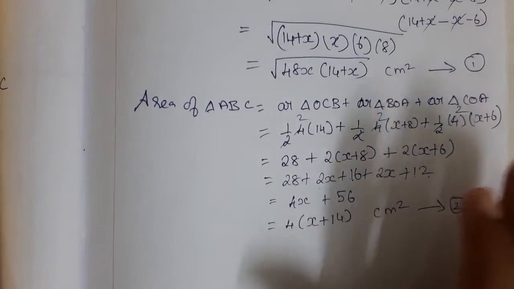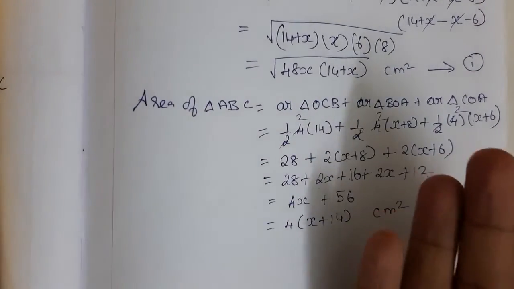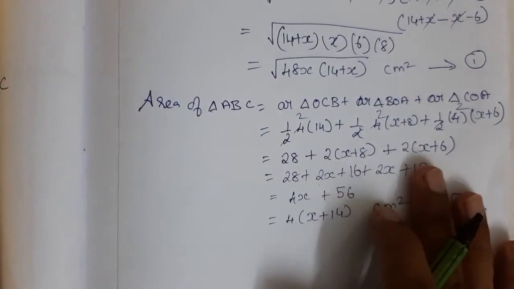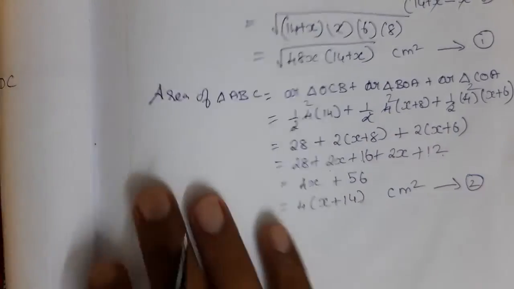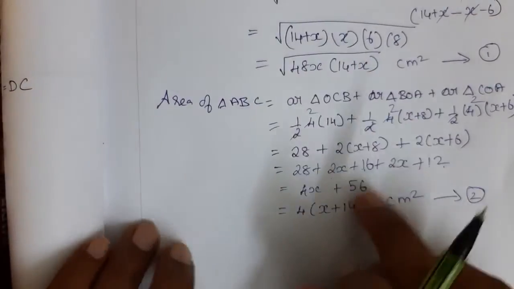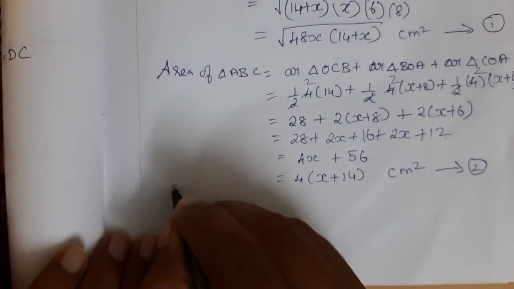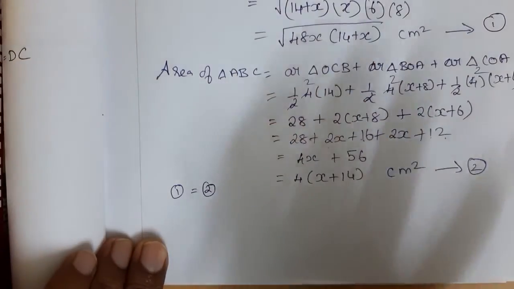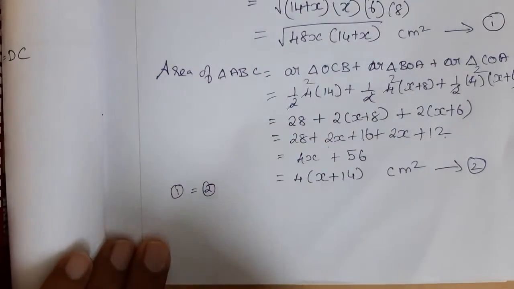So we know that even if we find the area with Heron's formula or the area with the altitude on the base, we will be getting the same area. But here both have x, so let me equate both 1 and 2. So we can substitute, simplify and we will be getting x.